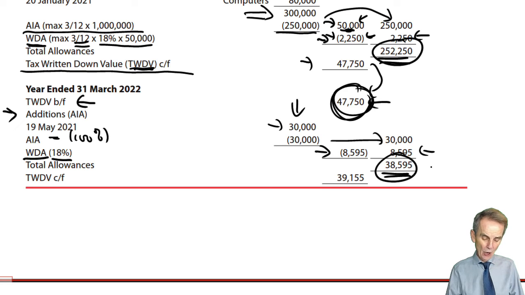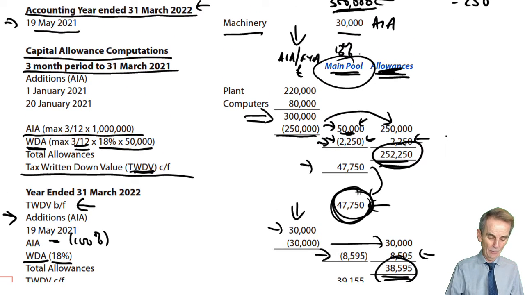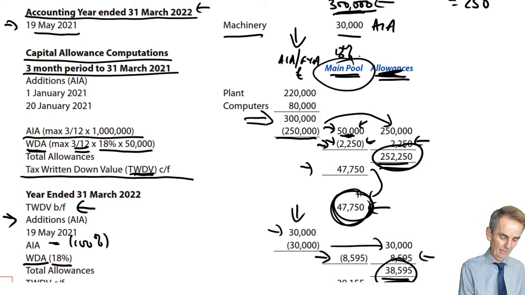Okay, now just go back through that for a few moments, a few minutes, please. Make sure that you've understood where those items come from. This is your first exposure to the capital allowances computation, its structure, and the capital allowances that are available. Look back through that before we progress any further.